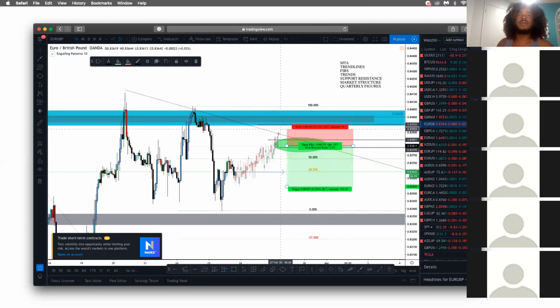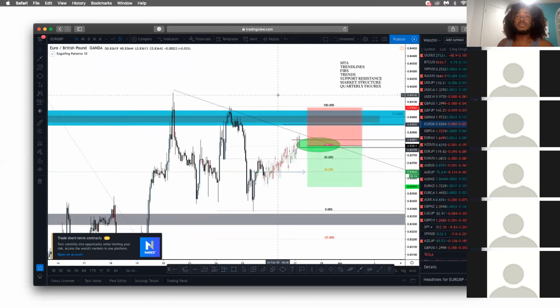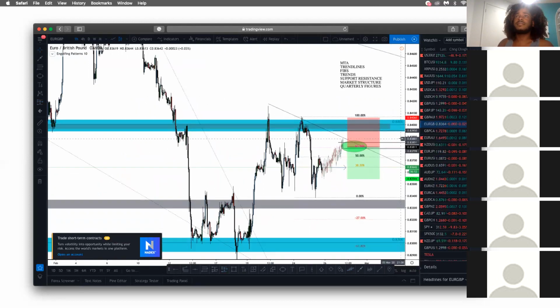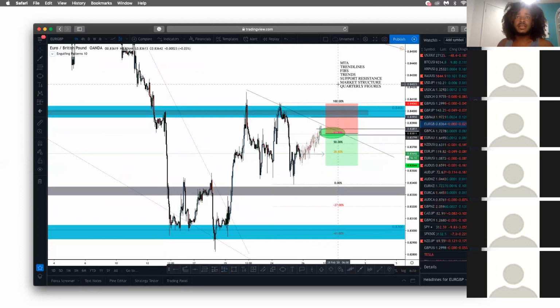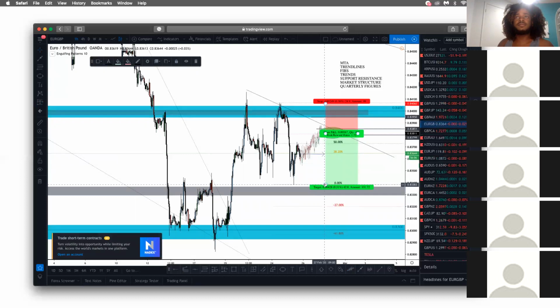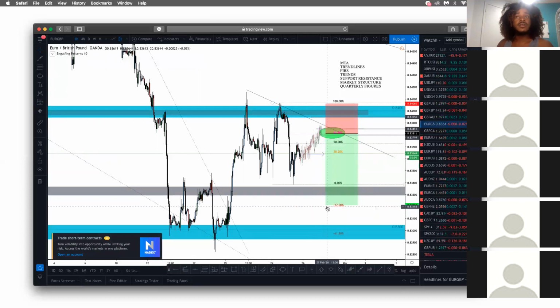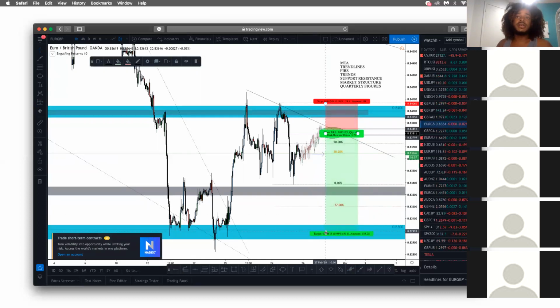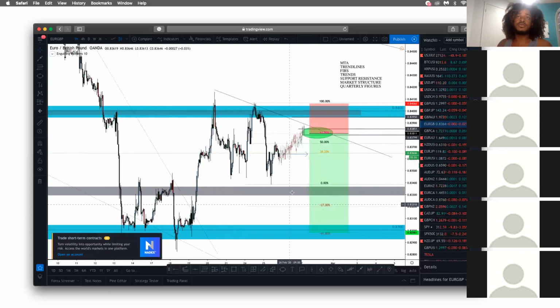Stop loss above the trend line, or if you want to play it safe, above support and resistance, right? Your target, the next support and resistance level, or Fibonacci negative 27, or Fibonacci negative 61, which is also the next significant support and resistance, right? Also a quarterly figure.